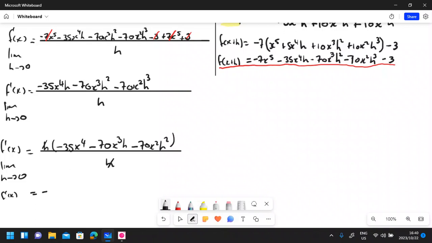So the first term, as you can see, we're left with negative 35 x to the power of 4. And then the second term, negative 70 x to the power of 3, and then we have h, but we substitute that h with 0 because h is approaching 0. And the last term is going to be 70 x squared, and then we have h squared, which is going to be 0 because h is approaching 0. All right, so this is what we have.